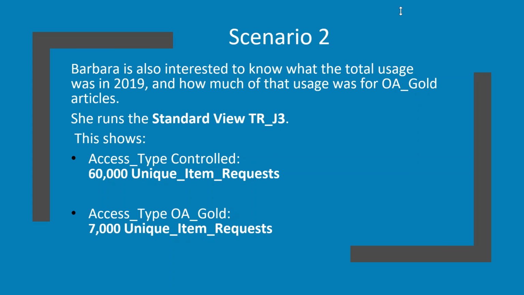She knows that from the TRJ1, which was 60,000 unique item requests. But she can see from this report that there was also a fair amount of usage by her institution of the open access content in that particular journal, 7,000 unique item requests.